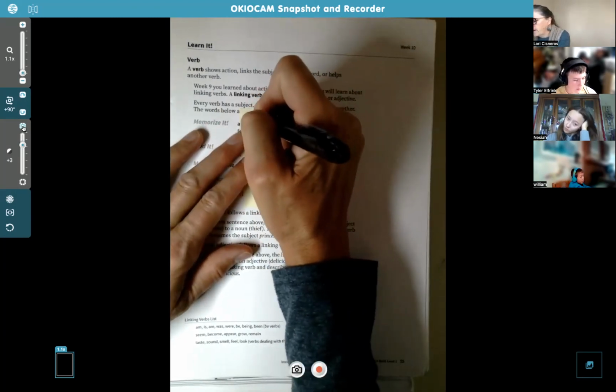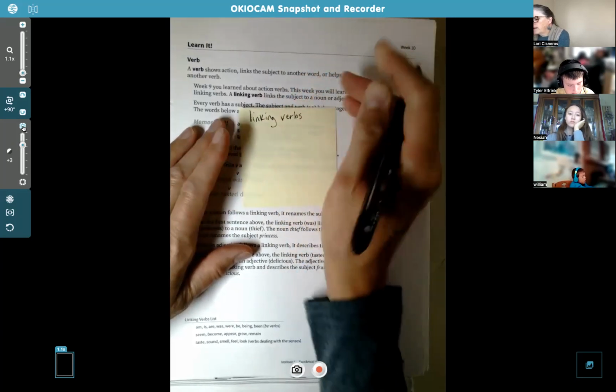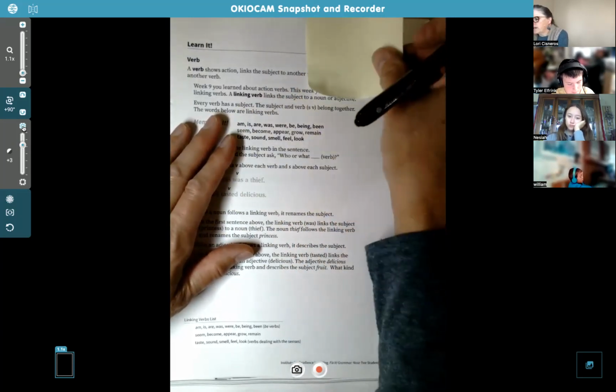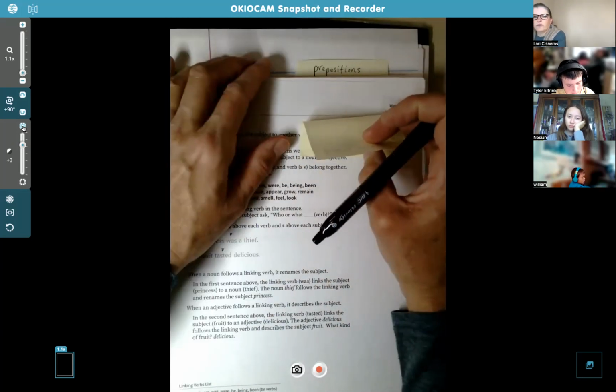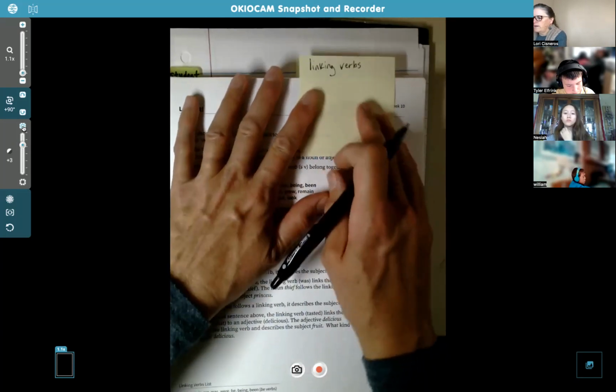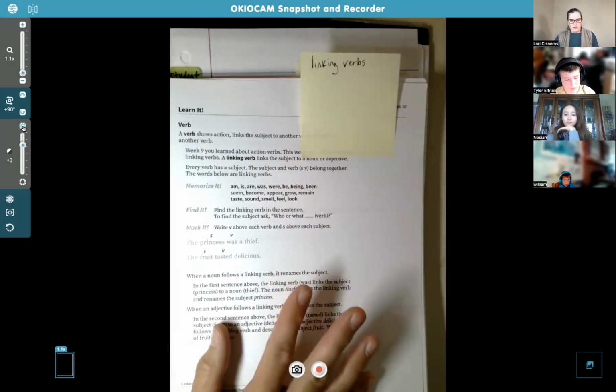And then I'm just going to write linking verbs at the top here like this, and then you just stick it above the page, just like you did the other one for prepositions back here, okay? That way, when you are doing your homework and you forget what those verbs are, you can always go back to this page and look at that list.